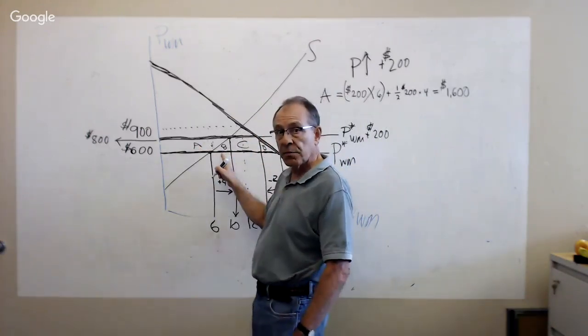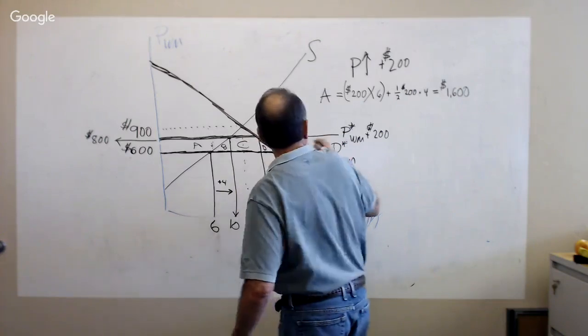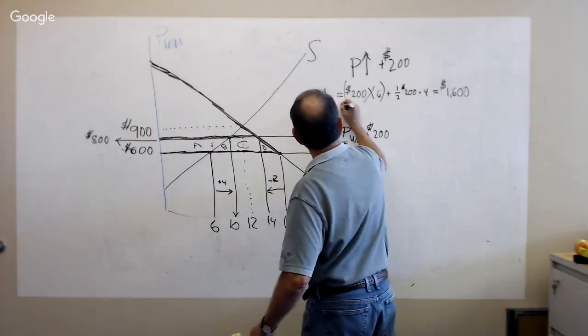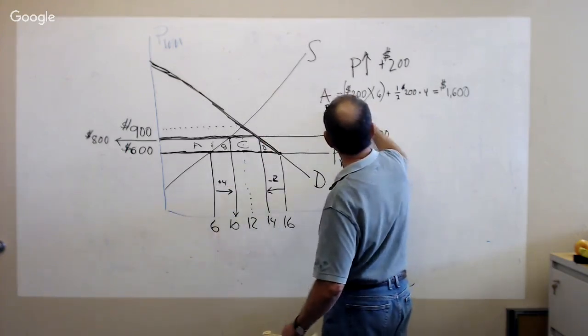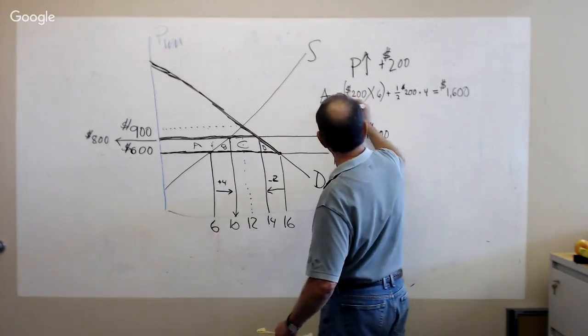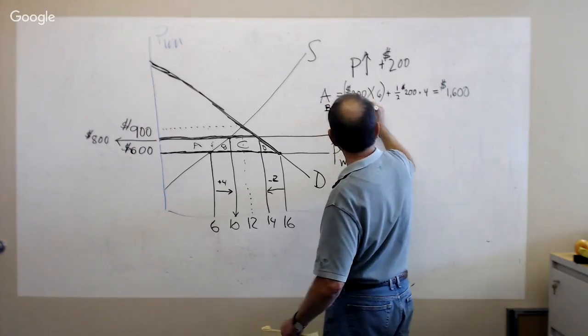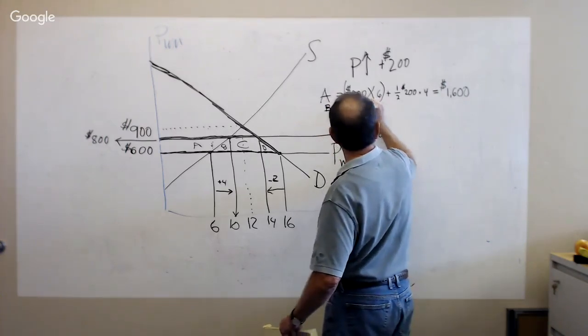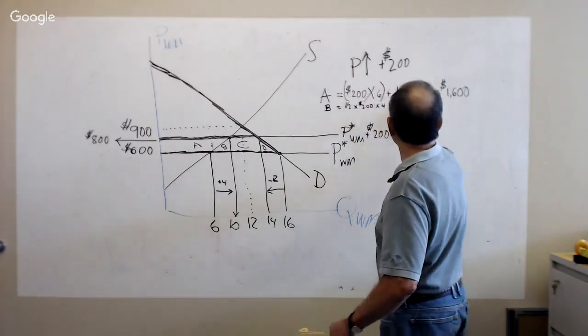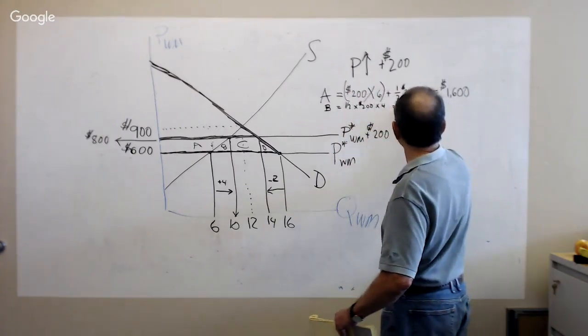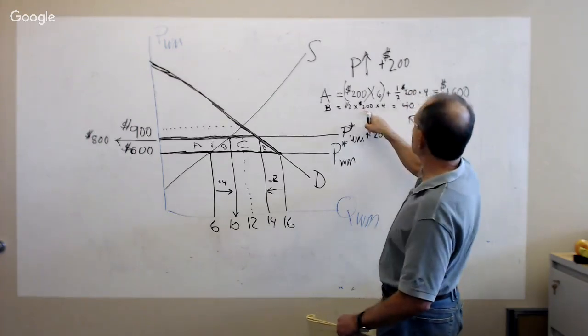Now we have area B. B is also a triangle, and the base is 4. So it's 1/2 times $200 times the base, which is 4, and that's equal to $400. Let's see if I've done that right. Yeah, that's right.